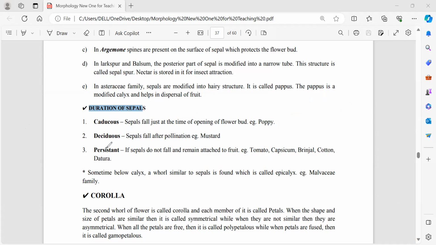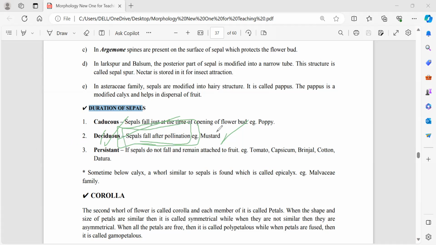Now coming to this deciduous, when sepals fall after pollination, pollination के बाद sepals गिर जाएंगे, this condition is called deciduous. Deciduous plant, before the onset of winter leaves fall, and that condition is called a deciduous condition. But when sepals fall after pollination, we call it as deciduous.